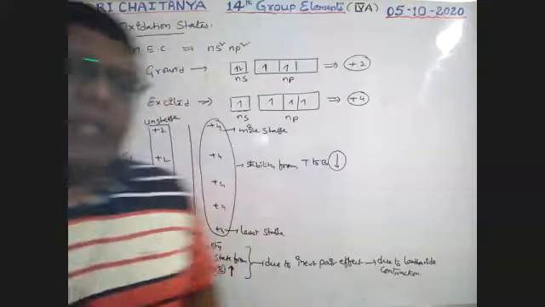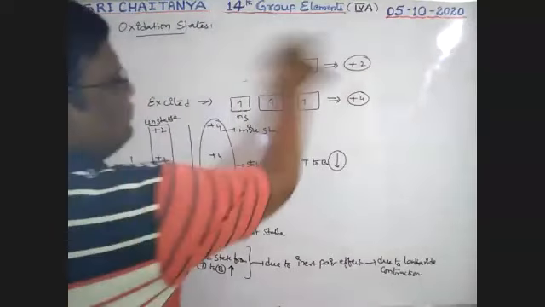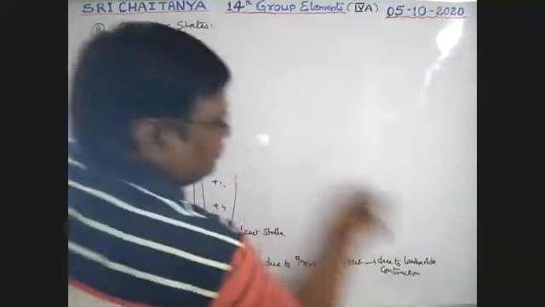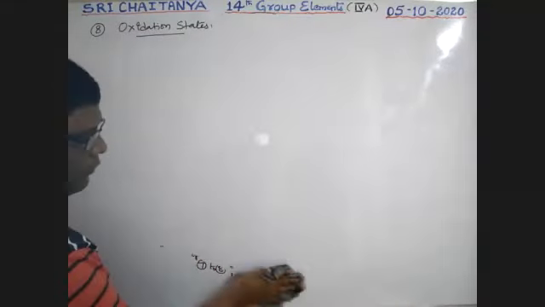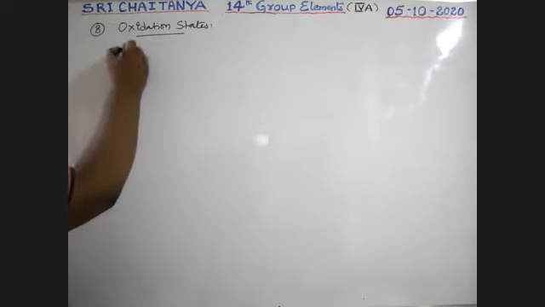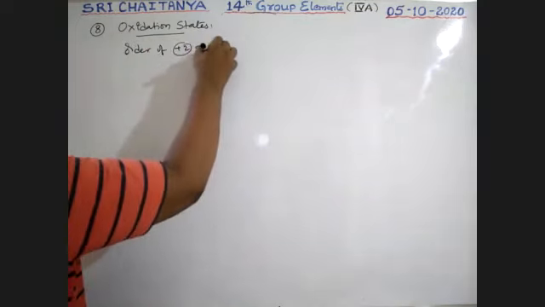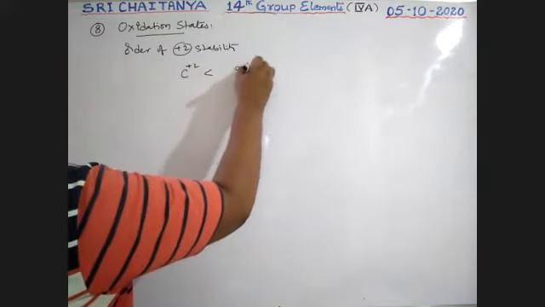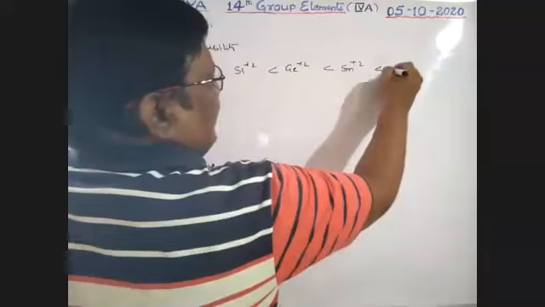So let us observe one by one. See here, the order of +2 stability is C+2 less than silicon, germanium, tin, lead.